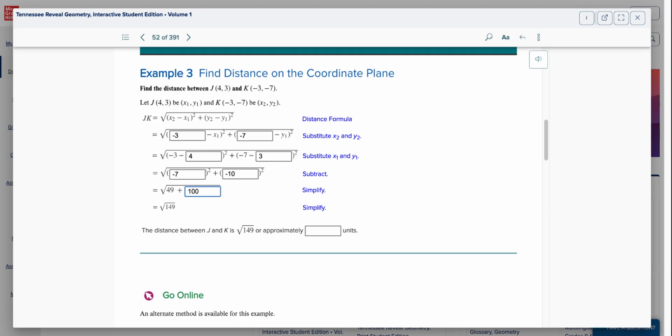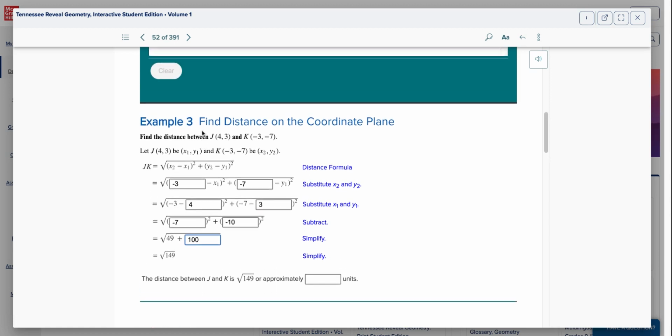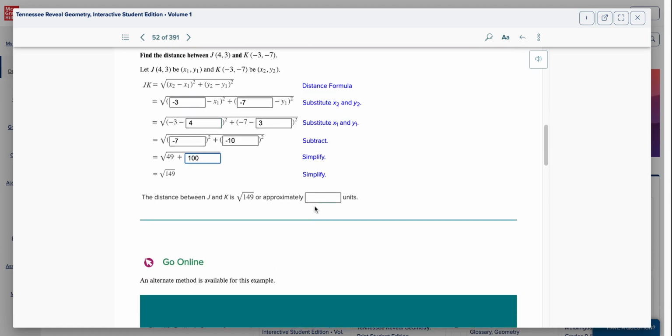You might want to grab your calculator, put that in. If your teacher has shown you how to break down a radical, you'll need to do the factor tree possibly, or whatever your teacher shows you to break down a radical. They want the approximate distance. I'm assuming they want it as a decimal, although up here it does not say what to do, but the radical does not break down.